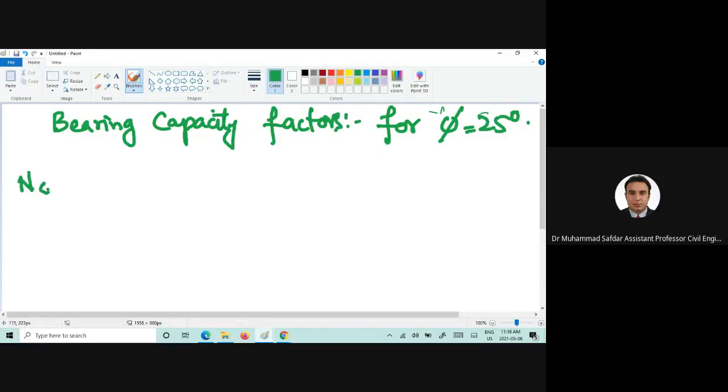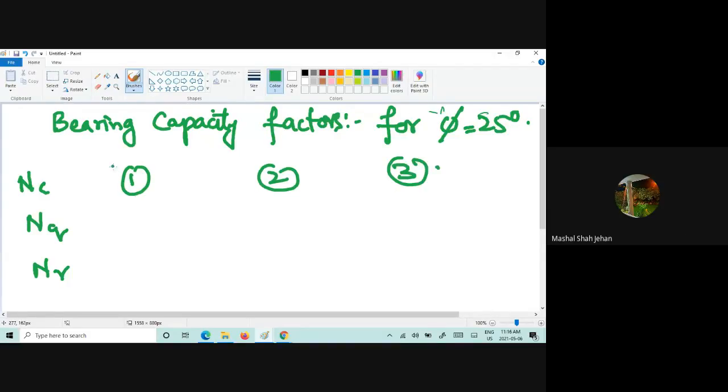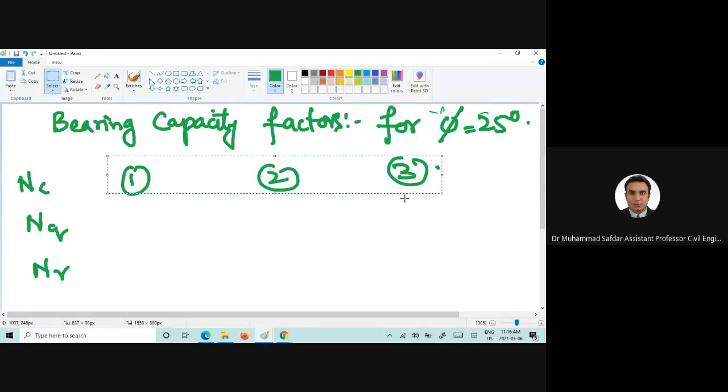So NC, NQ, and N gamma. One, two, and three. NQ is 20.7. Okay, just wait a moment, please.